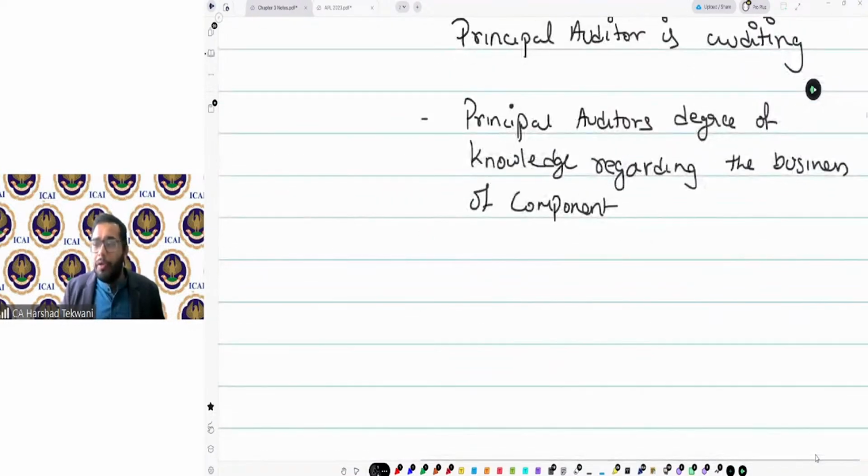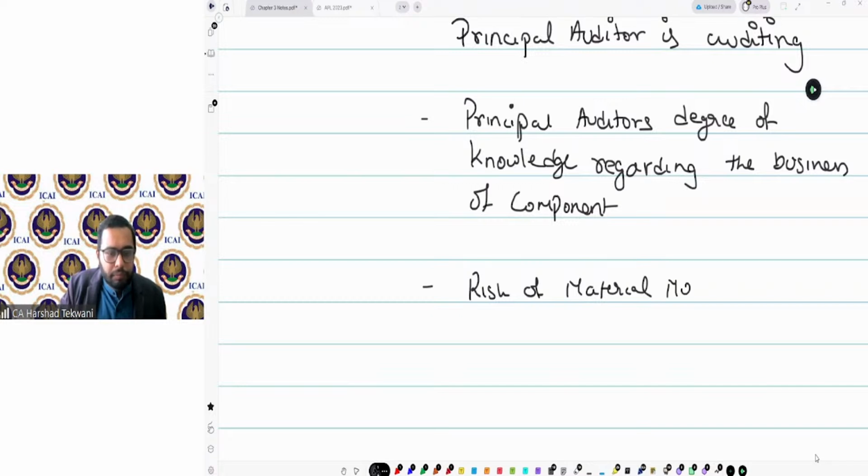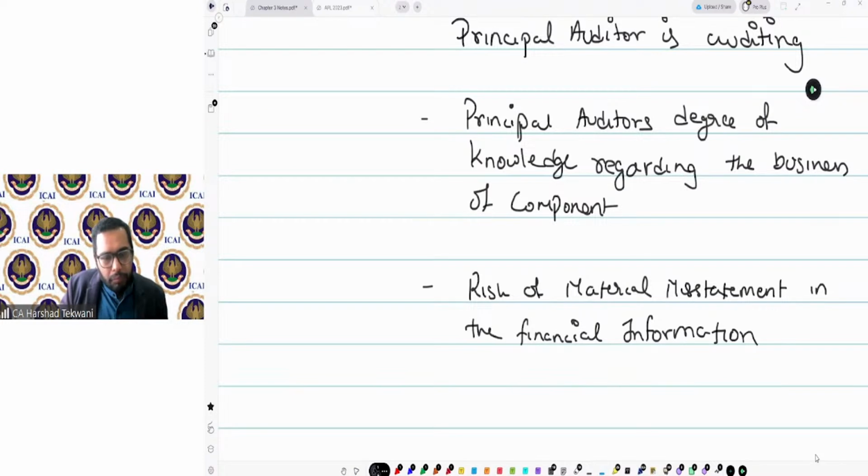Third, risk of material misstatement in the financial information of the component.